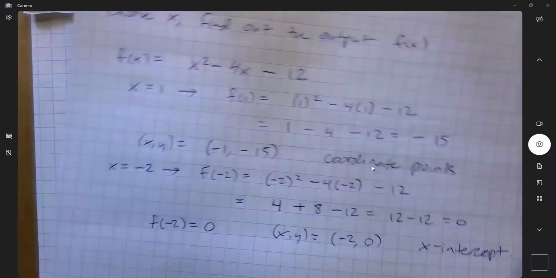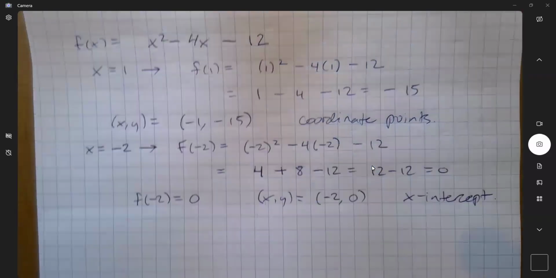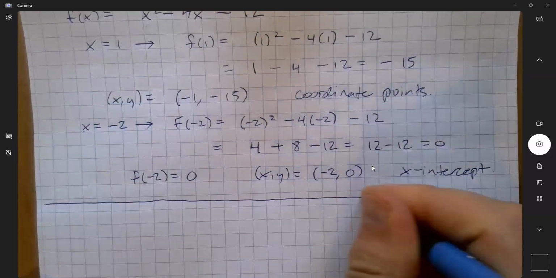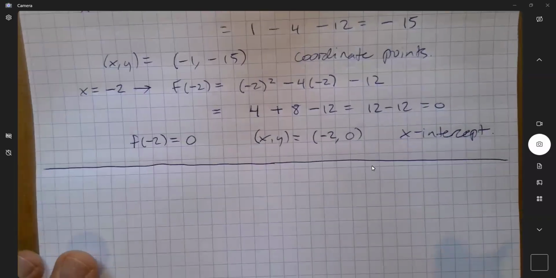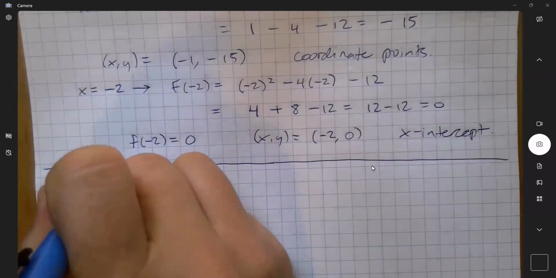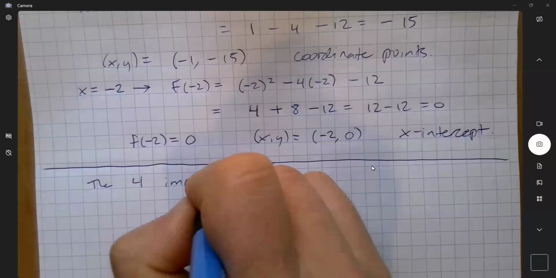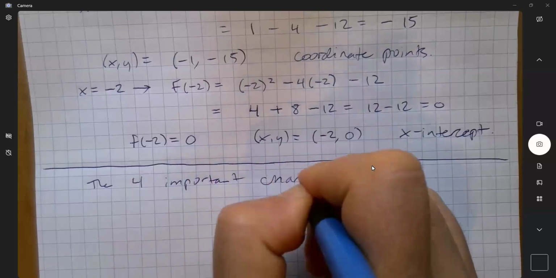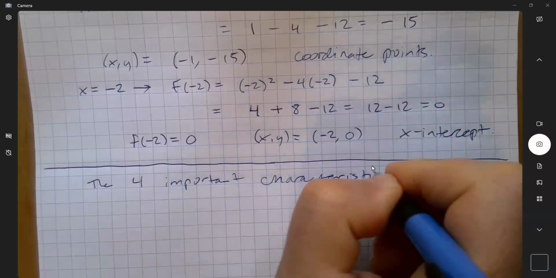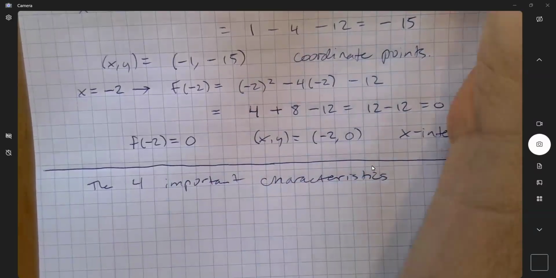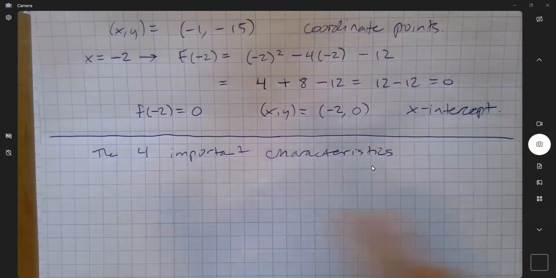Now let's take a step back. Now that we've seen the x-intercept, let's talk about the 4 important characteristics of a quadratic function when you look at it visually. These characteristics are going to come up again and again and again in math when we look at different functions.